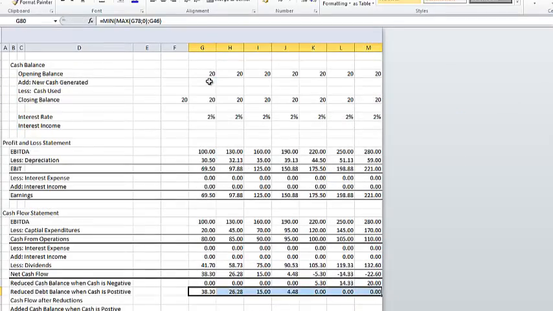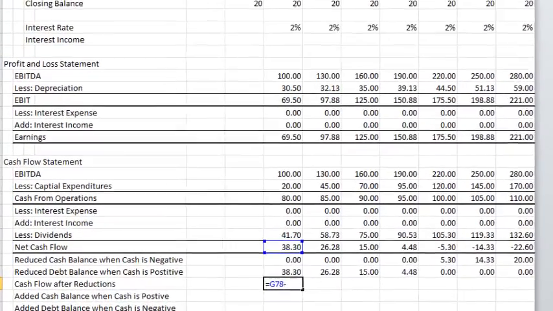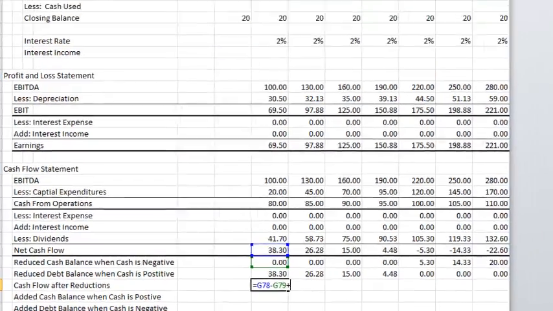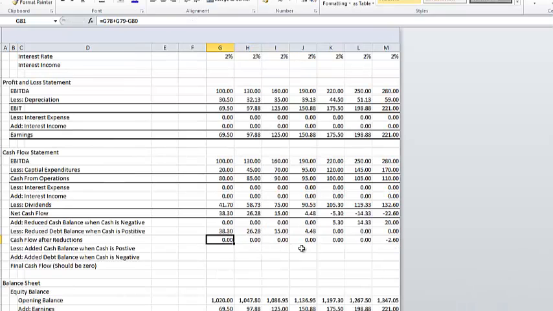Okay. All right, and then we have cash flow minus the... what we're going to do is, if there's a negative, we take this number minus the debt plus... excuse me for that little pause.